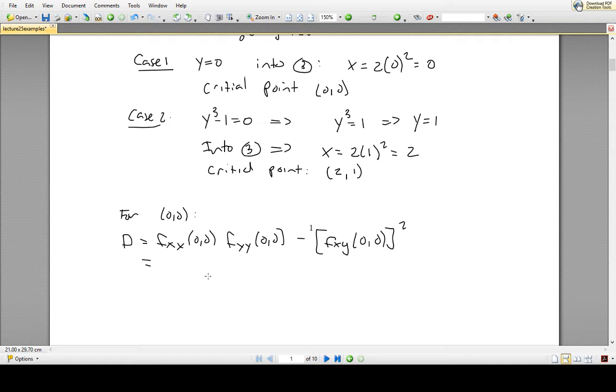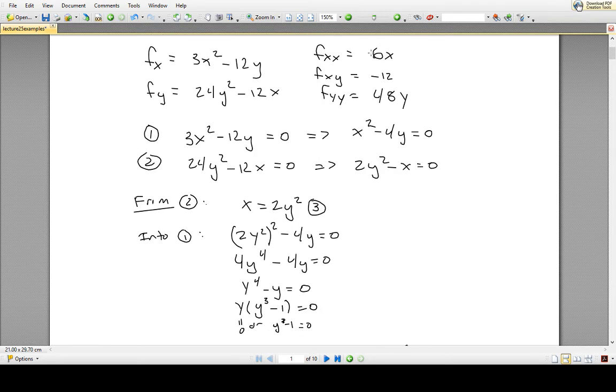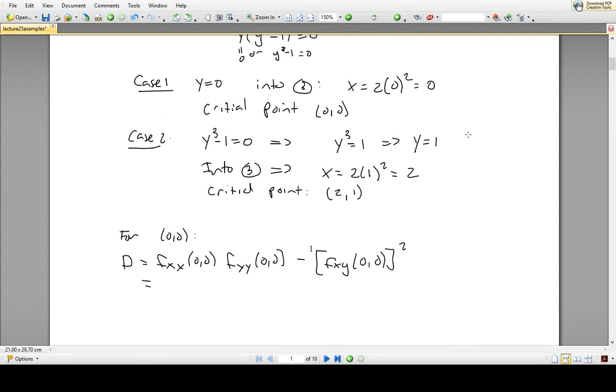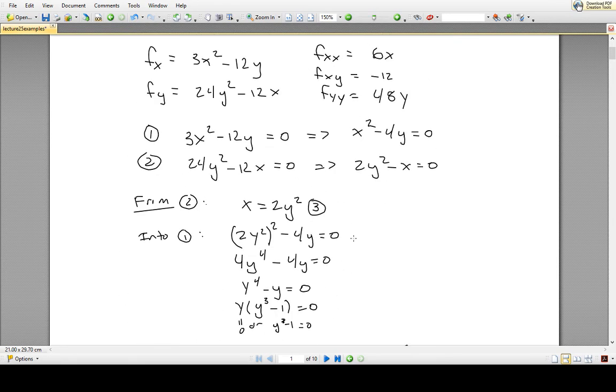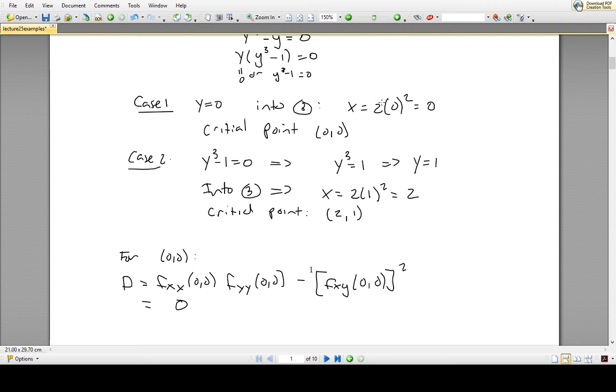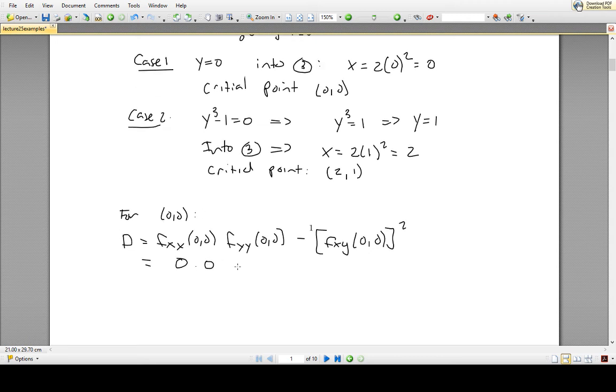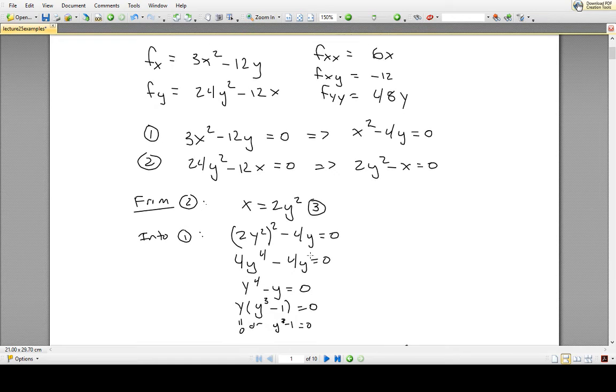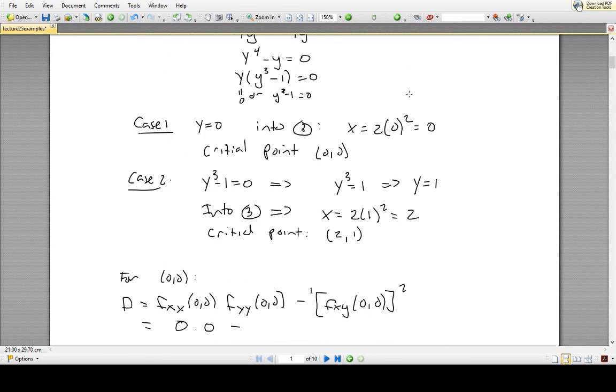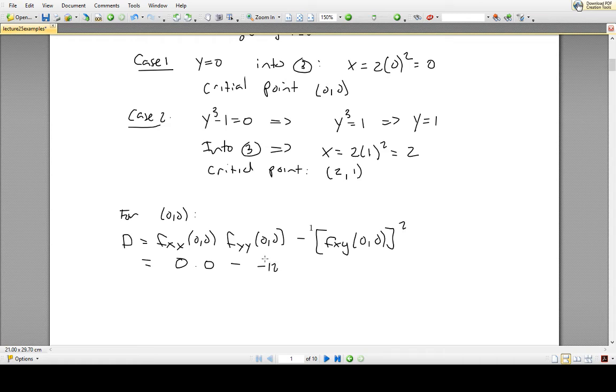Fxx is 6x, and when x equals 0, that becomes 0. Fyy at 0, 0, when we plug in y equals 0, gives us 0 again, so that's 0 times 0. Fxy is negative 12 no matter what the point is, so this becomes negative 12 squared. So D for the point 0, 0 ends up being 0 minus 144, which is negative. And whenever D is negative, this means that 0, 0 is a saddle point.